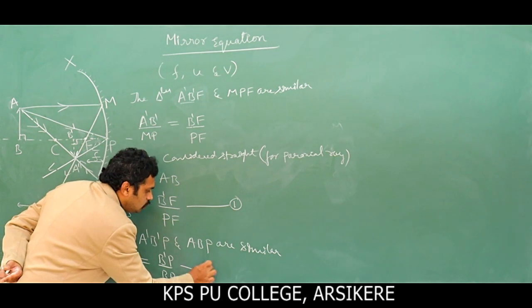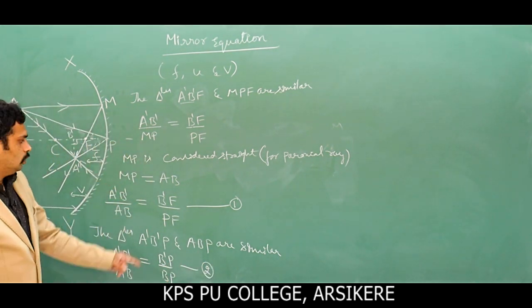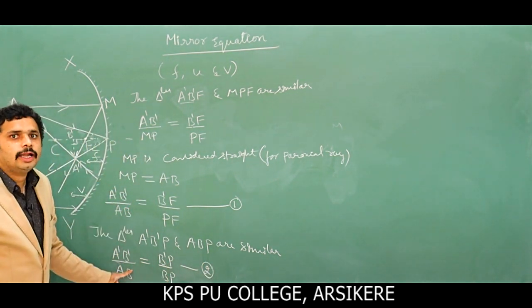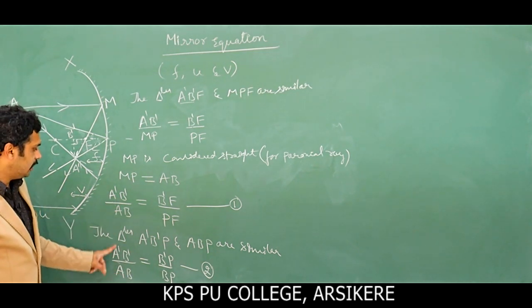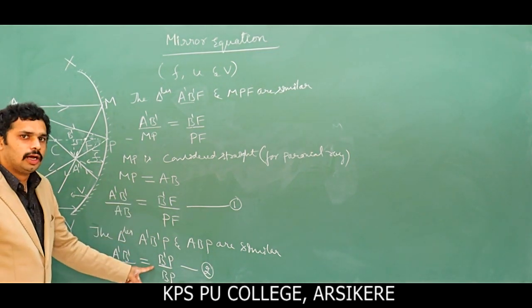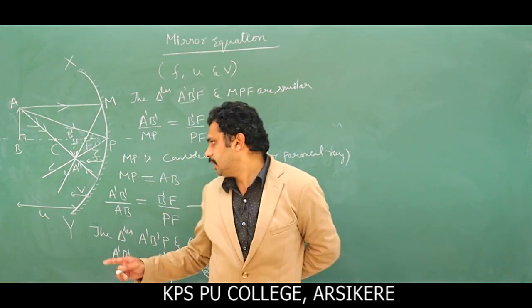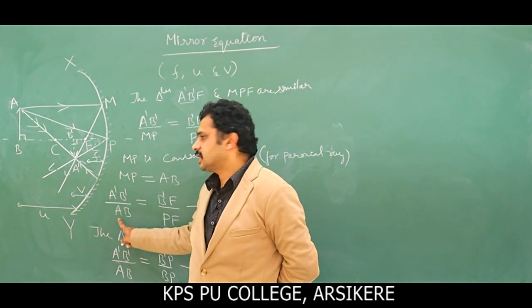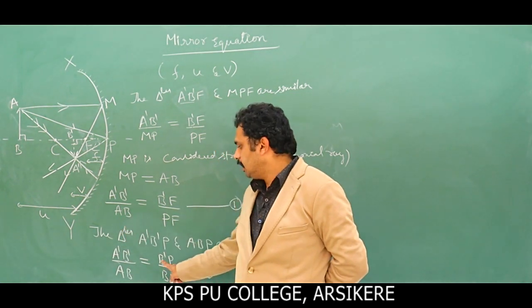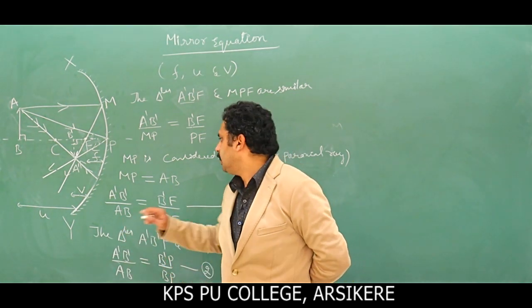This is equation 2. Now from equations 1 and 2, left hand side is equal, so right hand side is also equal. In the place of A dash B dash by AB, I am writing B dash P by BP.